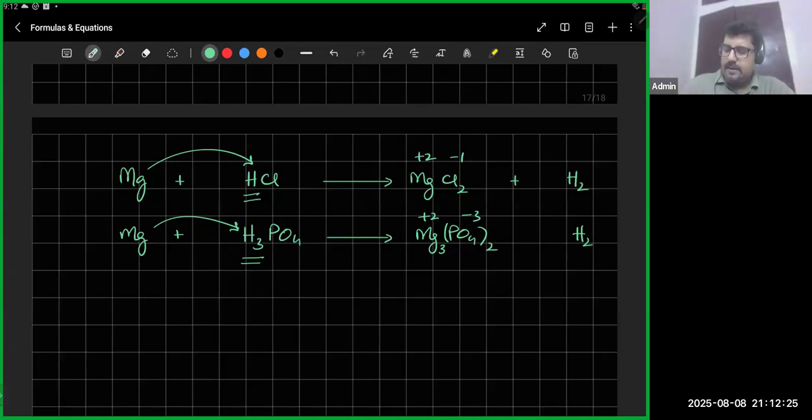We can think of another metal. Let's think of MASIT. M is magnesium, A is aluminium. So we can do a reaction of aluminium with sulfuric acid, which is H2SO4.